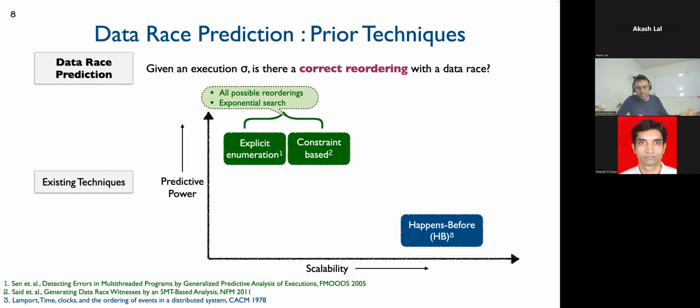So the first kind of techniques do all possible reorderings, and they resort to exponential search. And happens-before kind of techniques resort to a small space of reorderings. But the advantage is that there are algorithms that run in linear time and detect races in these reorderings.